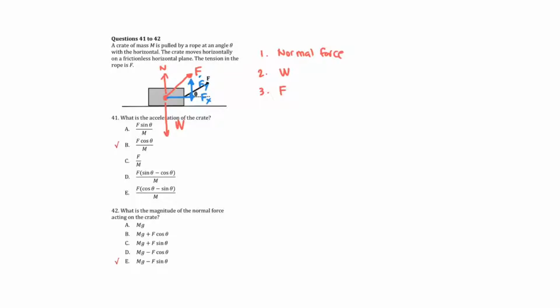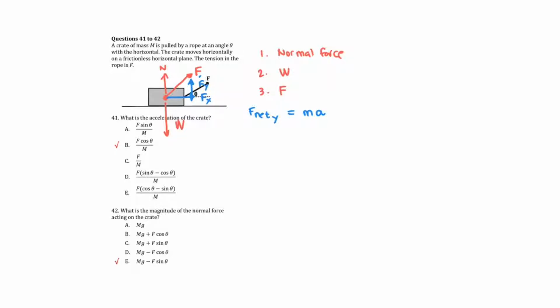Now let us write Newton's second law of motion related to this particular problem. We start with the F net along the y-axis. F net y is equal to the mass of the object multiplied by the acceleration of the object along the y-axis.